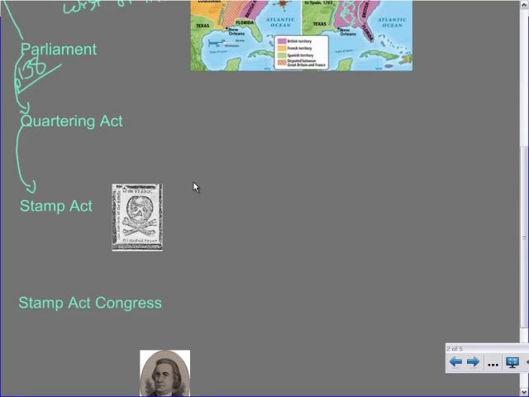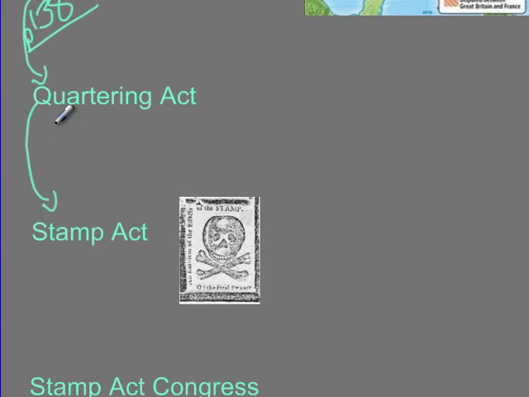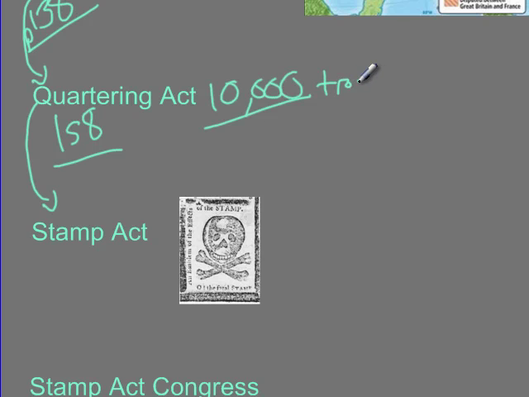The Quartering Act can be found on page 158, and basically the English want to enforce the Proclamation of 1763, and in order to do that, they send 10,000 troops over to guard the border, or make sure no one's getting through.